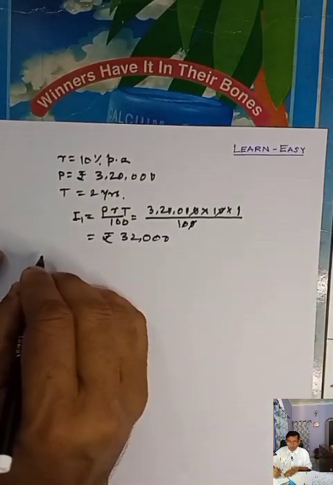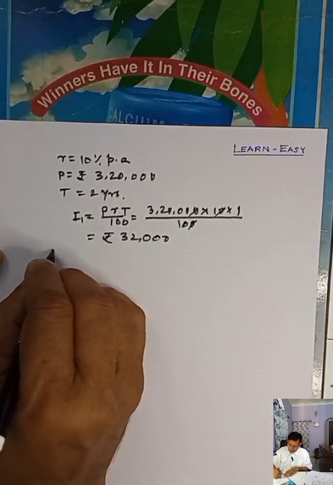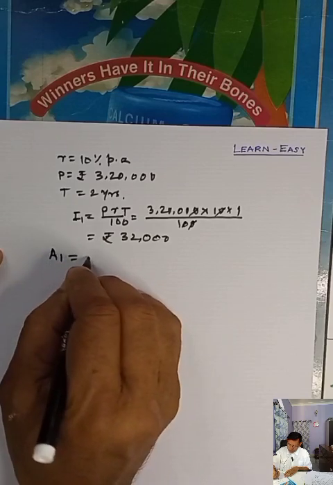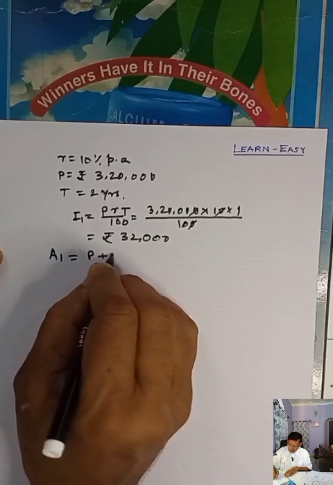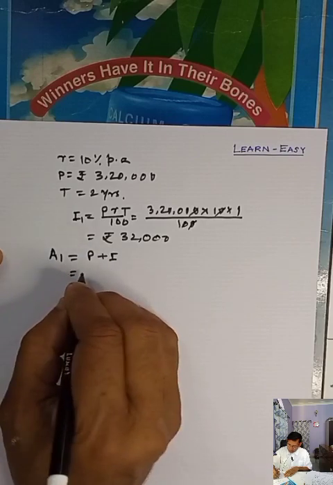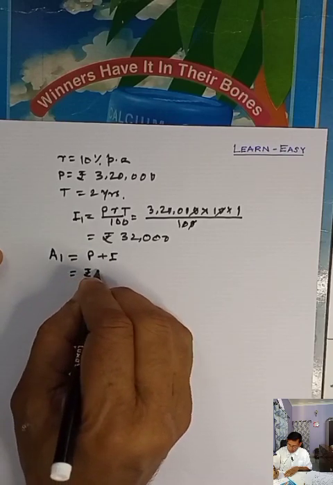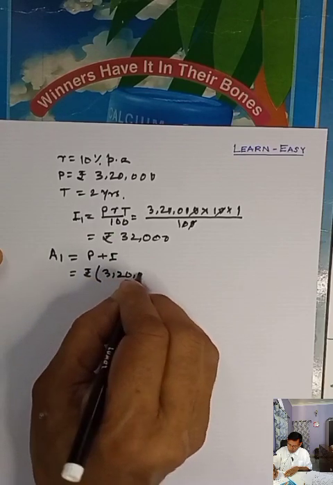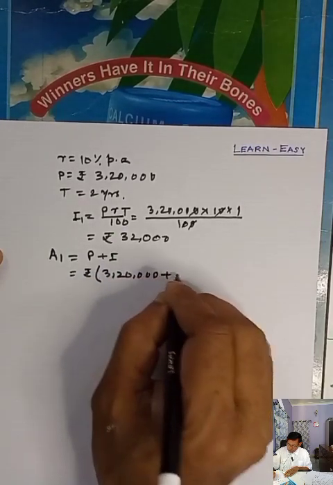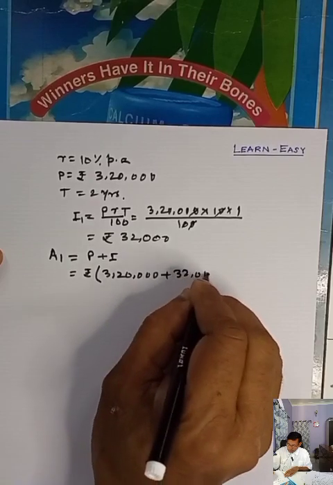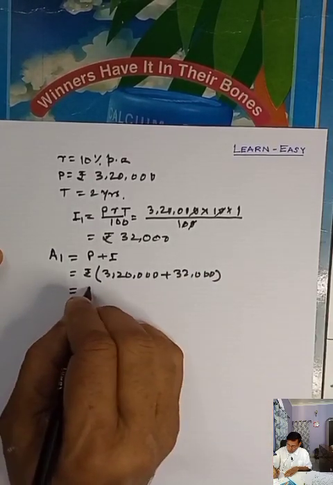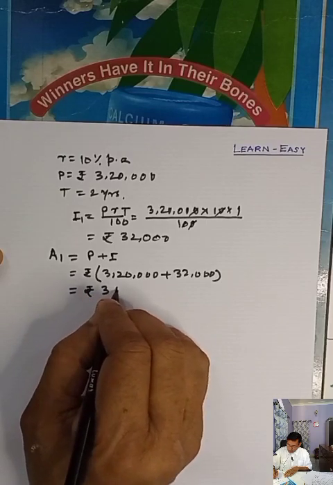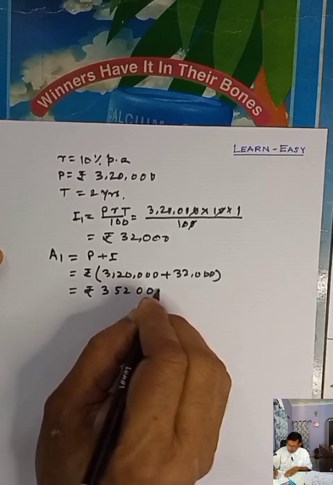Then what will be the amount after first year? A1, amount after first year, simple, P plus I is equal to rupees 3,20,000 plus 32,000 is equal to rupees 3,52,000.